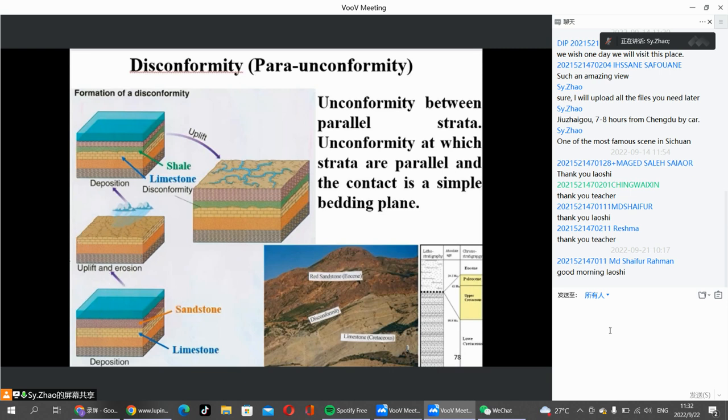So the sandstone layer disappeared in this figure, and after that, the further deposition of sedimentary rock begins, and a new rock layer of shale is formed, overlying the older limestone, and then uplifting occurs again.